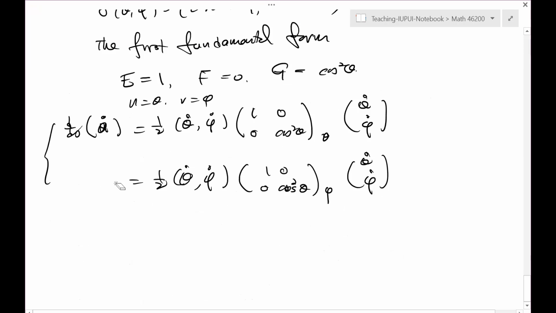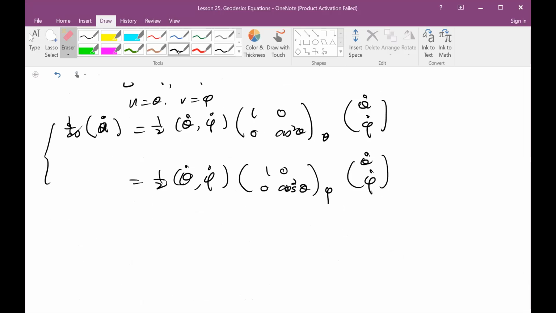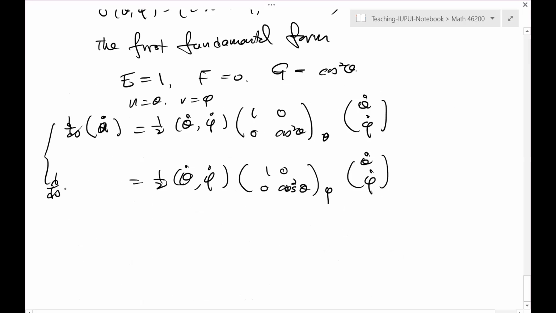Let me put the details here. F is still 0, and G. So let's simplify this equation.